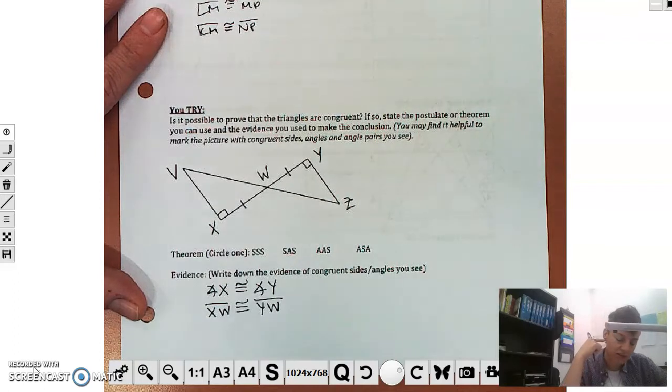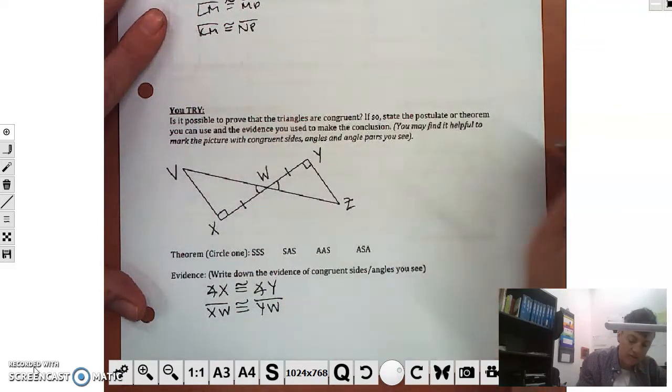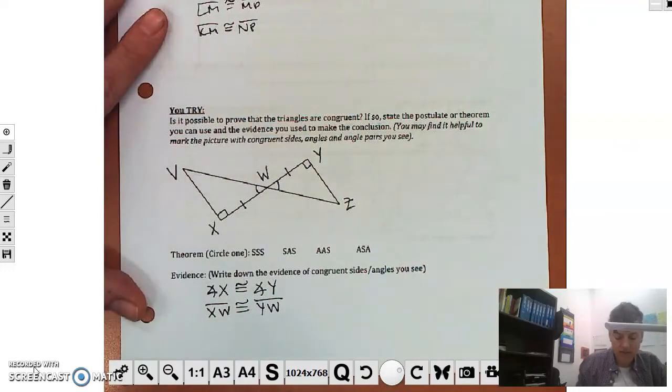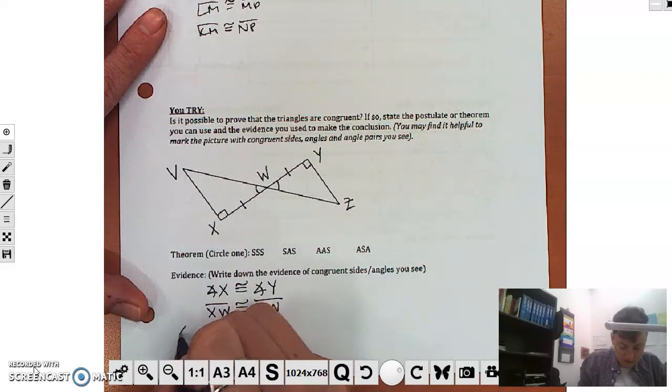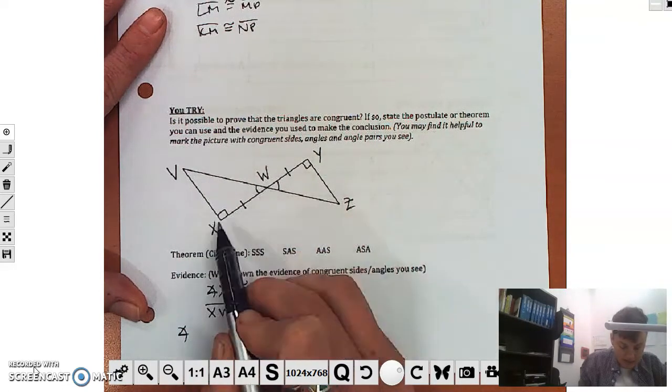That's two things. We need three things. What else can we see in this diagram? Vertical angles. Oh yeah, we got some vertical angles that are congruent. Because W could be a part of a lot of different angles, let's be real specific here. This is angle BWX.